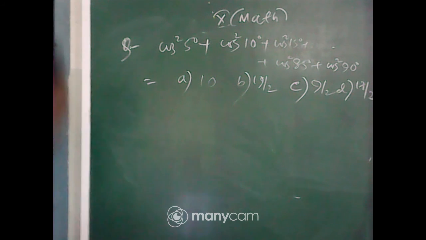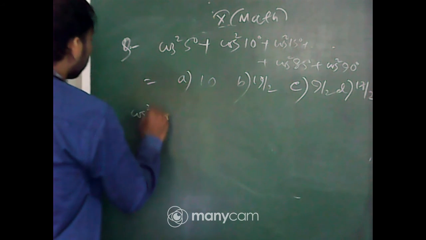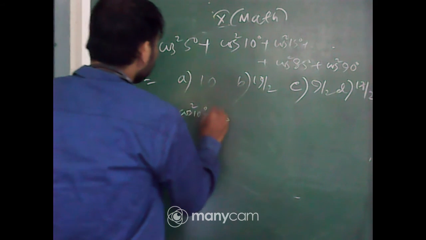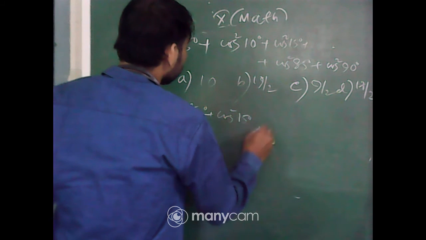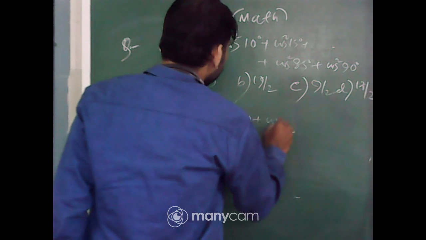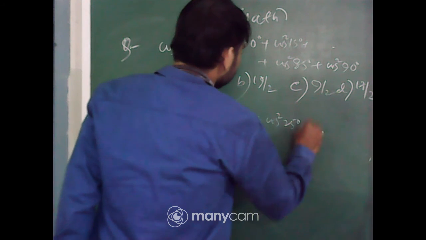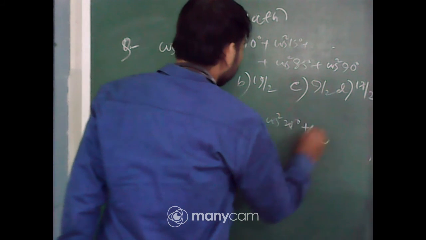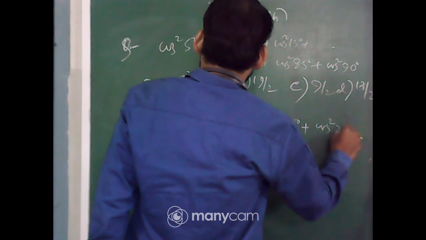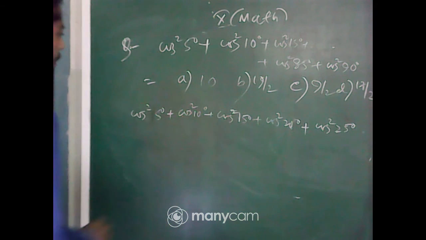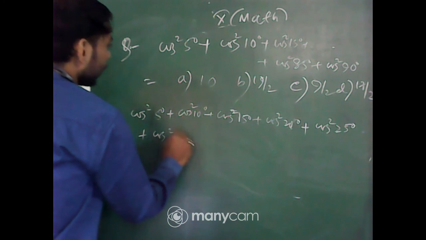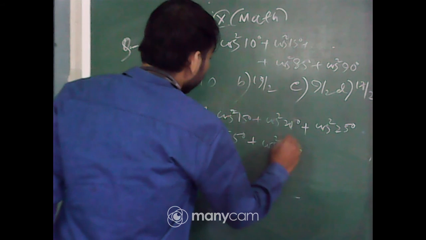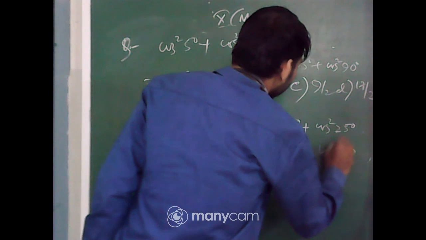How many terms are here actually? Cos square 5 degree plus cos square 10 degree plus cos square 15 degree plus cos square 20 degree, then cos square 25 degree plus cos square 30 degree plus cos square 35 degree plus cos square 40 degree plus cos square 45 degree.